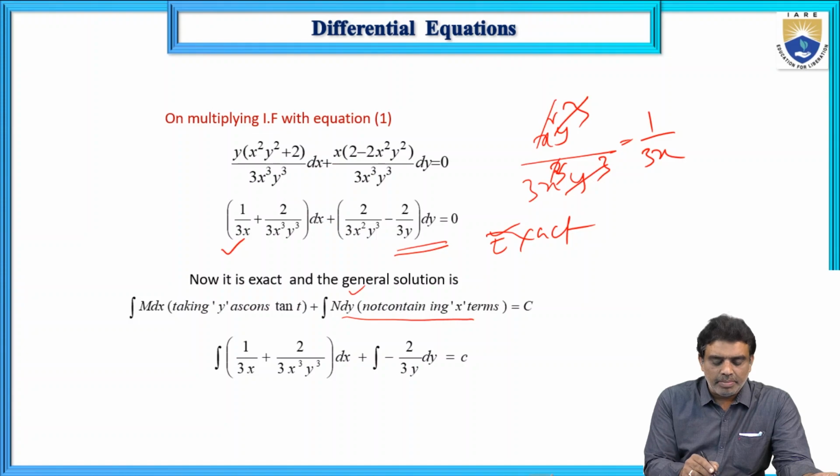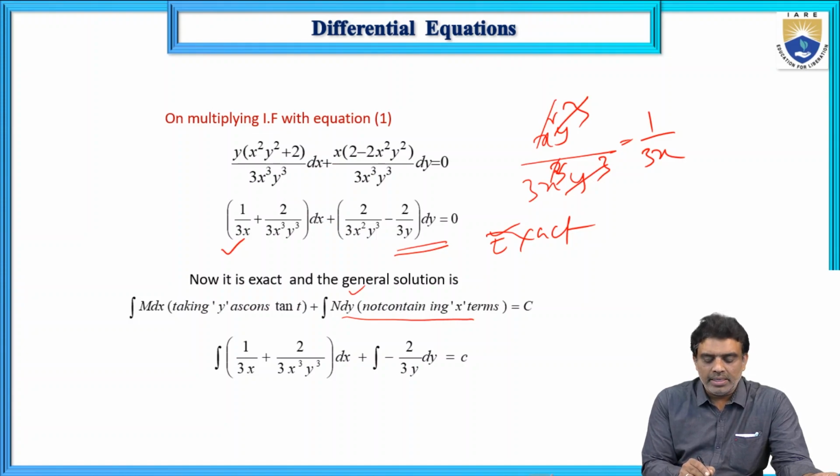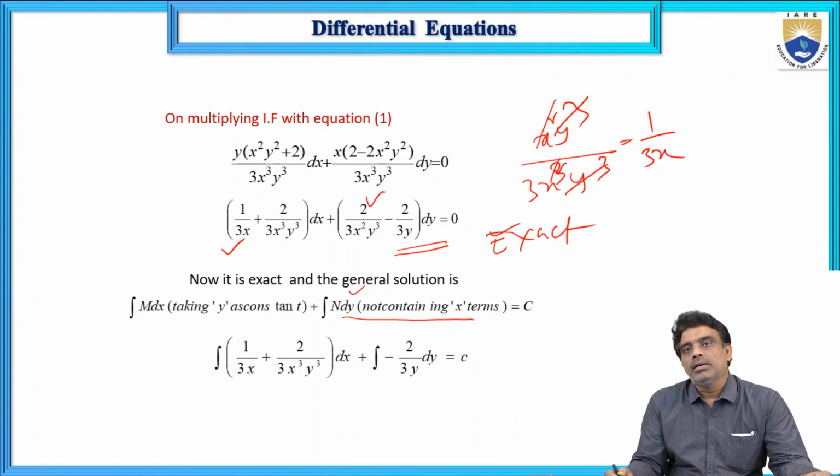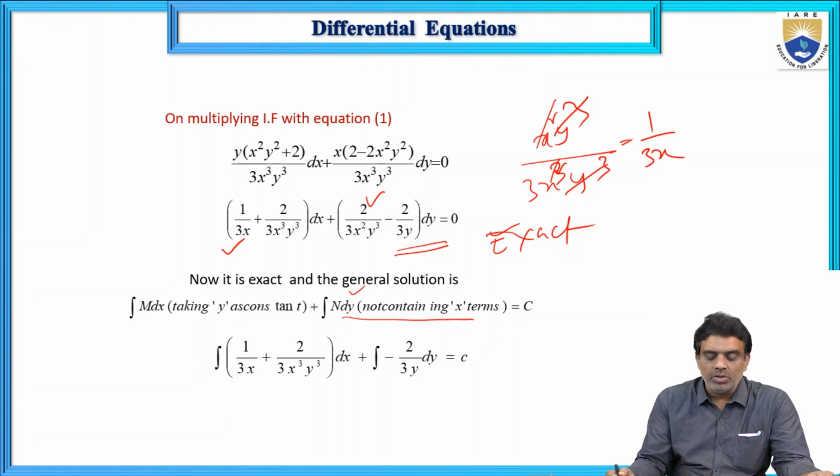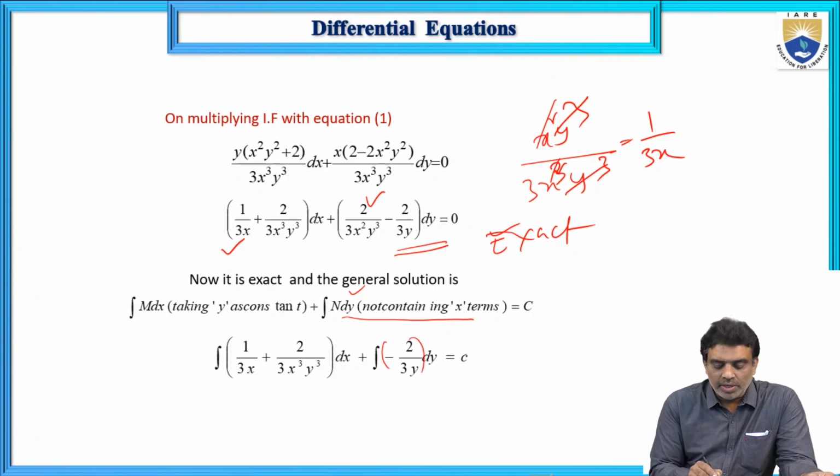Integral of M means 1 by 3x plus 2 by 3x cube y cube, dx, plus integral of N; clearly the first term contains x, so we have to discard that term. Only we have to write the second term, minus 2 by 3y, dy is equal to c. So what is the integration? 1 by 3, 1 by x dx means log x.